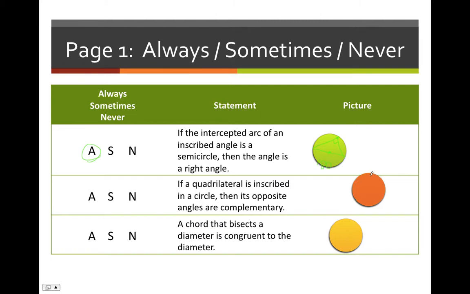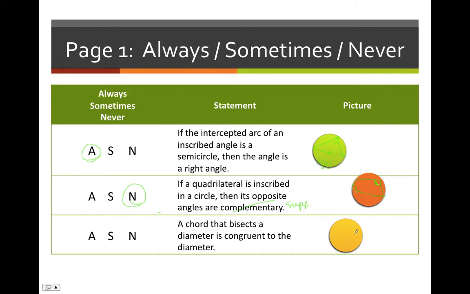If a quadrilateral is inscribed in a circle, then its opposite angles are complementary. Opposite angles in a quadrilateral inscribed in a circle are actually supplementary, not complementary. So that would be never.